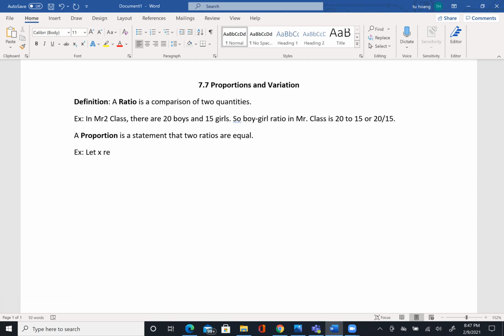Let x represent the number of girls in group one.